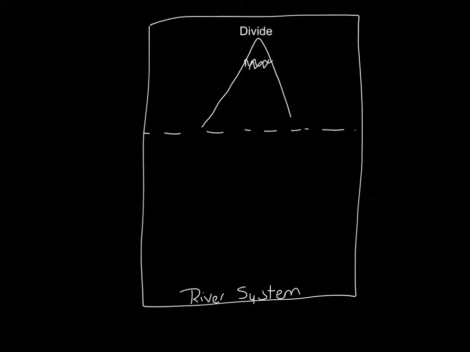So when this snow that's on the top of my mountain melts, and when it rains, the water will go down both sides. And on the bottom of the mountain, the water will collect. And sometimes it collects on the surface, and sometimes it collects underground. And that is called a drainage basin.